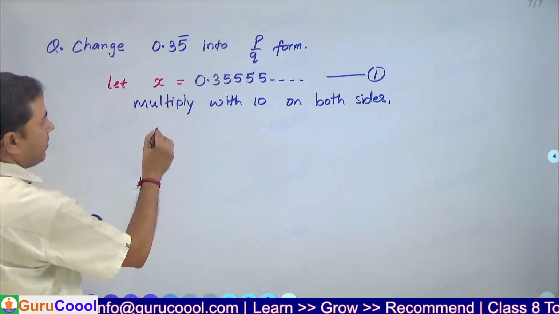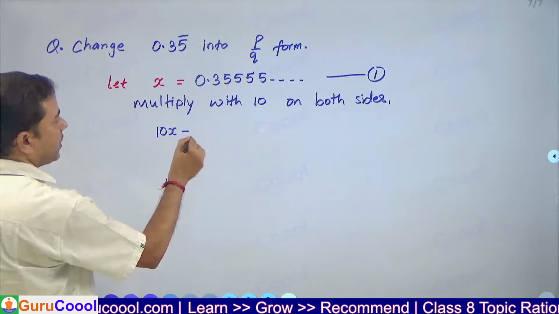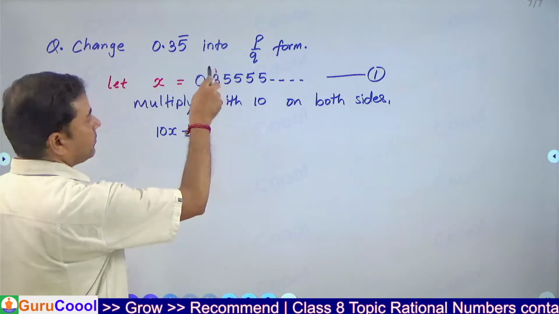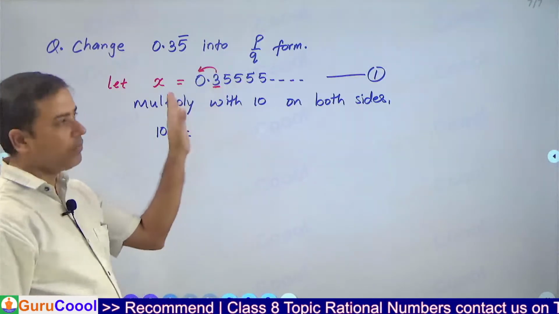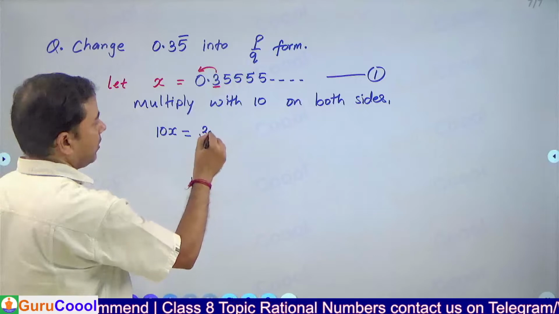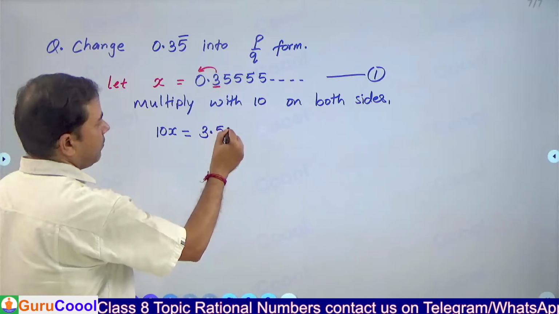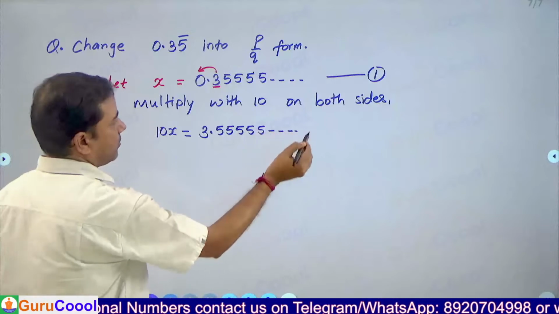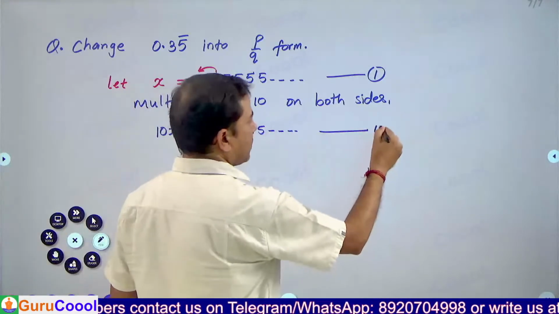On the left side we get 10x, and on the right side, multiplying with 10 puts one digit on the left of the decimal, so it is 3 decimal 5 5 5 5 and so on. This is our second equation.